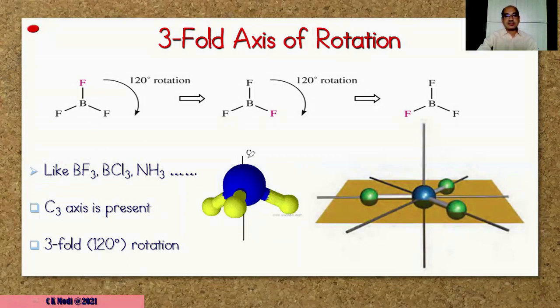For BCl3, look at this three-dimensional structure, where if we pass an imaginary line in such a way that when we rotate this imaginary axis, all these three atoms interchange their positions. Or look at this structure, if we pass this line through the center, and rotate this imaginary axis, these three atoms interchange their positions.